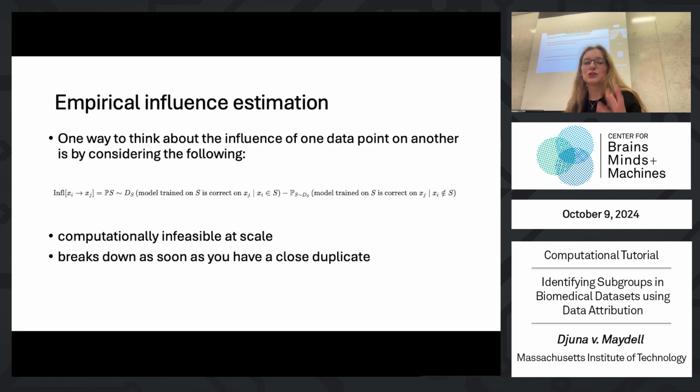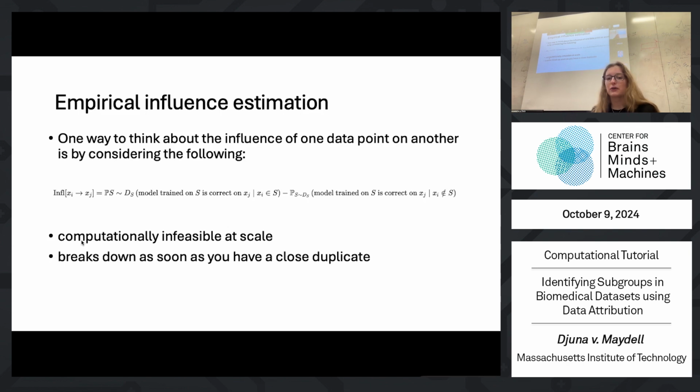Perhaps an intuitive way to think about it is this empirical influence estimation. Let's train a classifier on our data set that is going to classify our held out test sample as part of the control healthy group or the Alzheimer's disease group. We train lots of those models on our training data set of other Alzheimer's and healthy patients. Then we do that all over again, train a bunch of models, but take out one training sample.